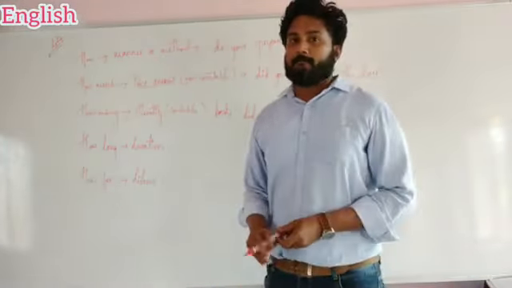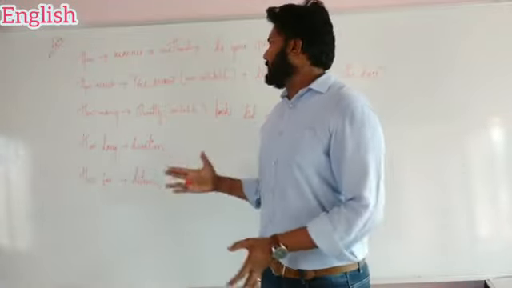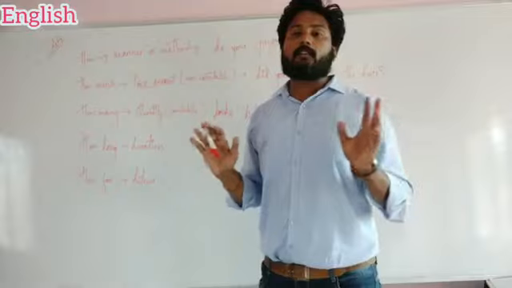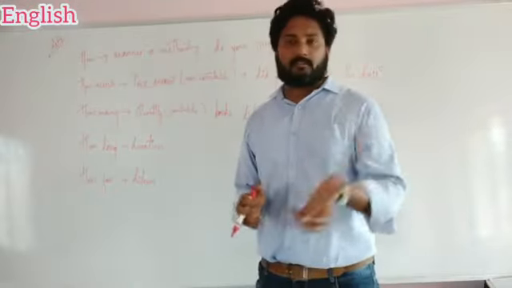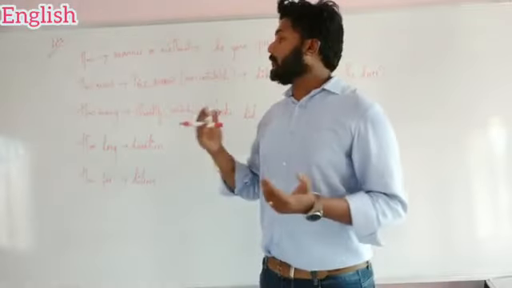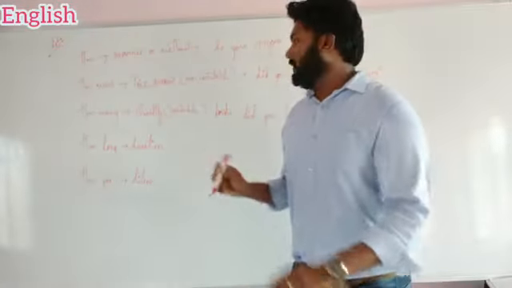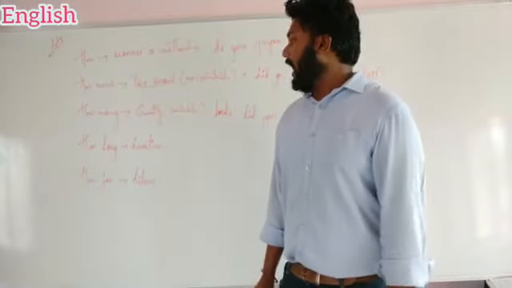I am asking because he bought the books. Books are countable. That means we are asking about the quantity. Either he may have purchased 10 or 20 or 5. I just want to inquire about that. How many goes with countable.